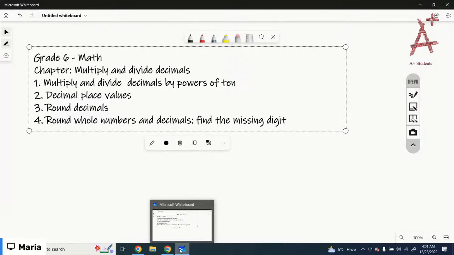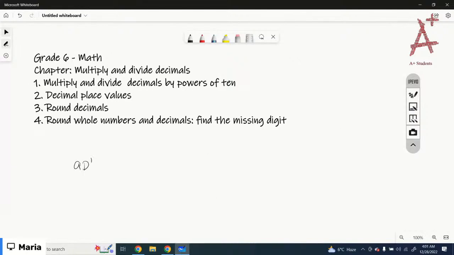So we're going to start with grade 6 maths. You can find all the lessons on aplusstudents.com. You have to log in there using your email address, and the password is provided by the administrator.